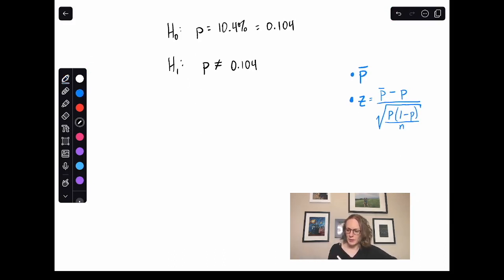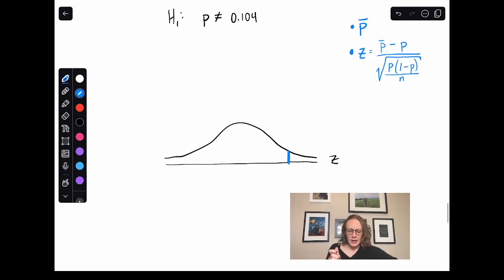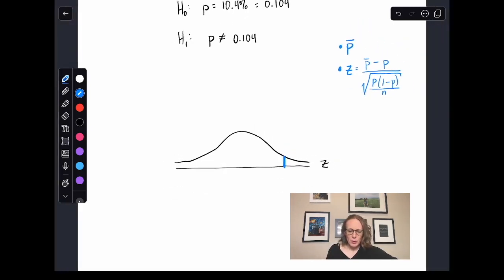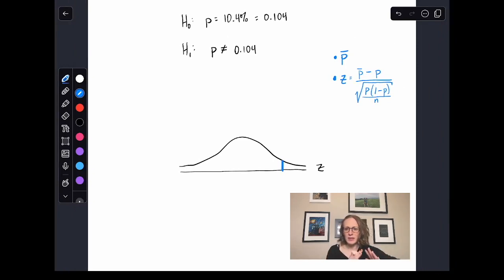Then we want to see the probability that we get something at least that far away from what we're assuming. If I draw a little picture here, I'm thinking about z-values, and once I find my z-value for my test statistic, I don't know what that is, but that will be some z-value, and I want to see the probability that I get something that's at least that far away from the middle.